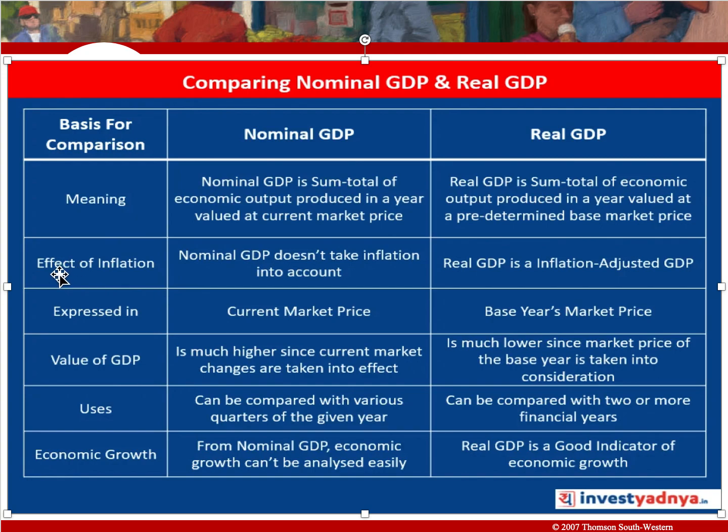We also take into consideration inflation when we count GDP. But when we count nominal GDP, we don't take into account the element of inflation. That's why it's called real, because in reality inflation has to be adjusted. So when we count real and nominal GDP, real includes inflation, nominal does not.